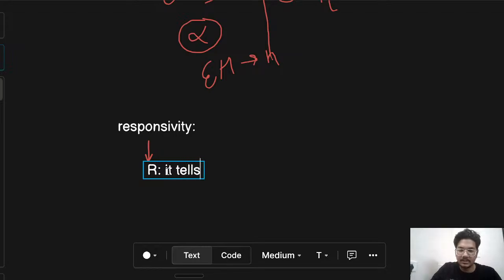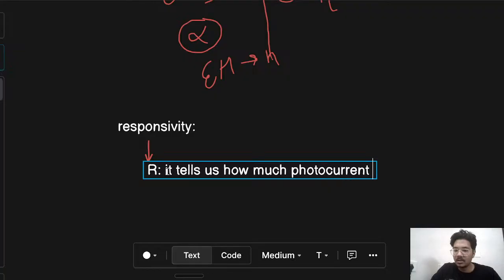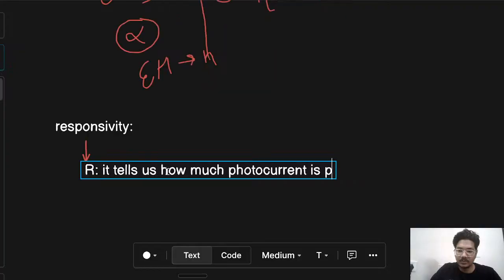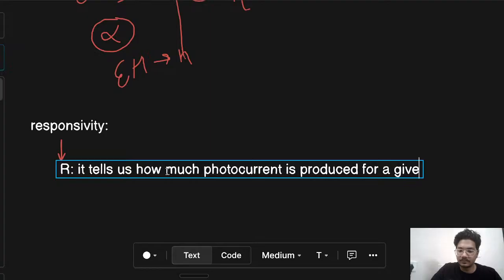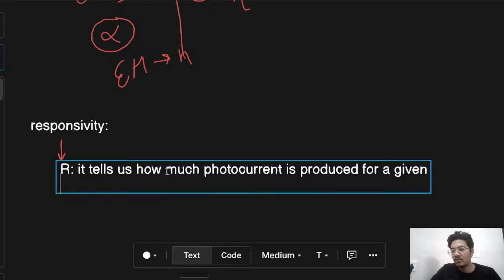It tells us how much photocurrent is produced for a given amount of incident power.